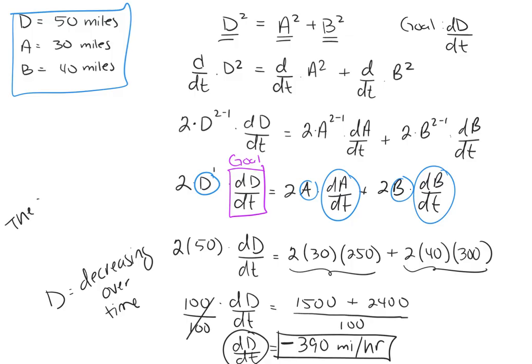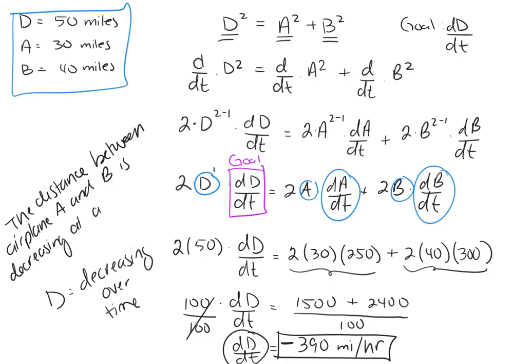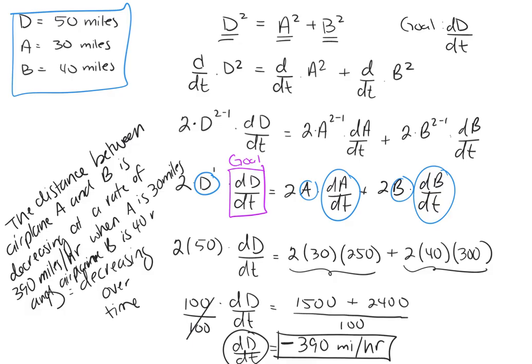So you can say the distance between airplane A and B is decreasing at a rate of 390 miles per hour when airplane A is 30 miles and airplane B is 40 miles.